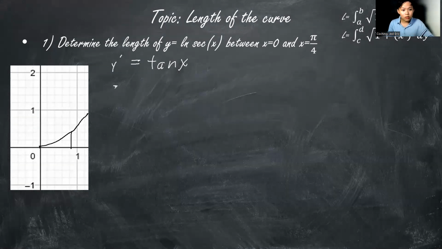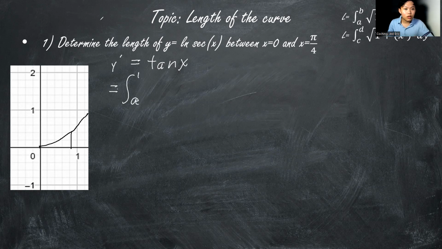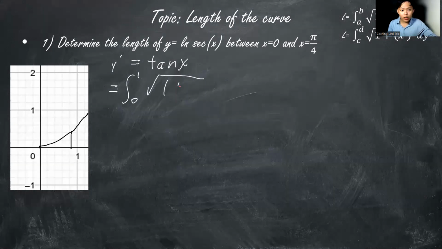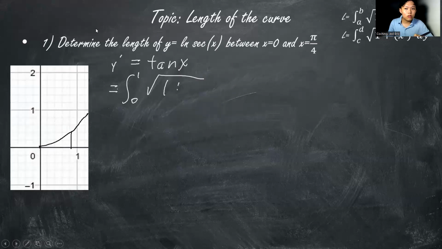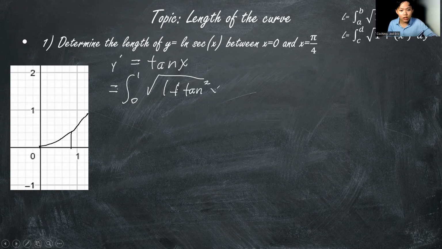So b is 1, a is 0, the square root of 1 plus tan squared x over dx.